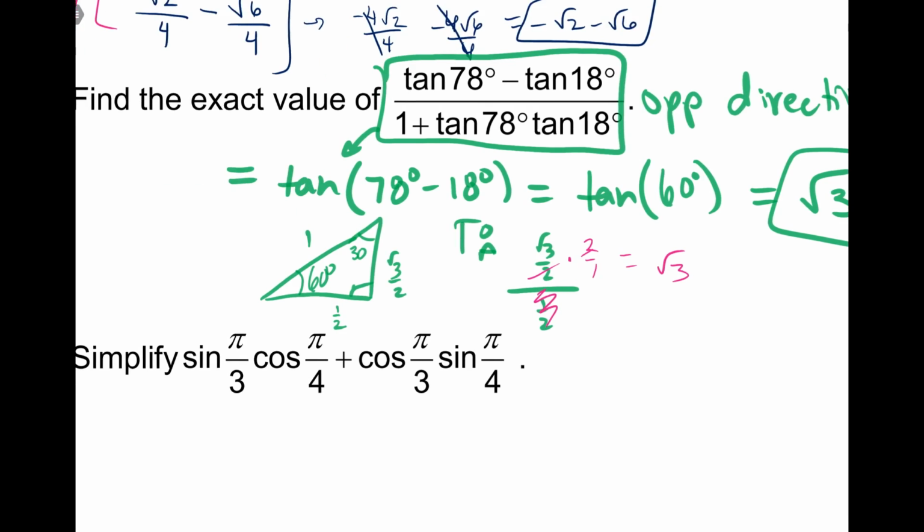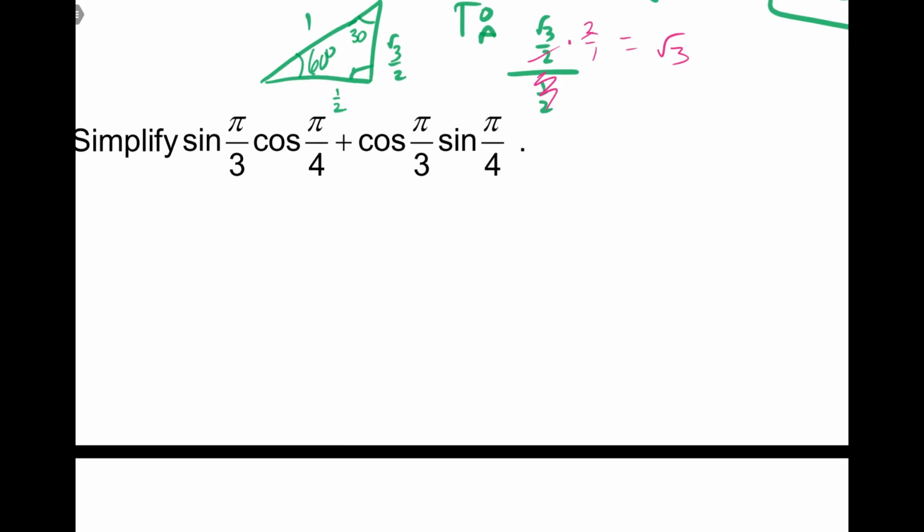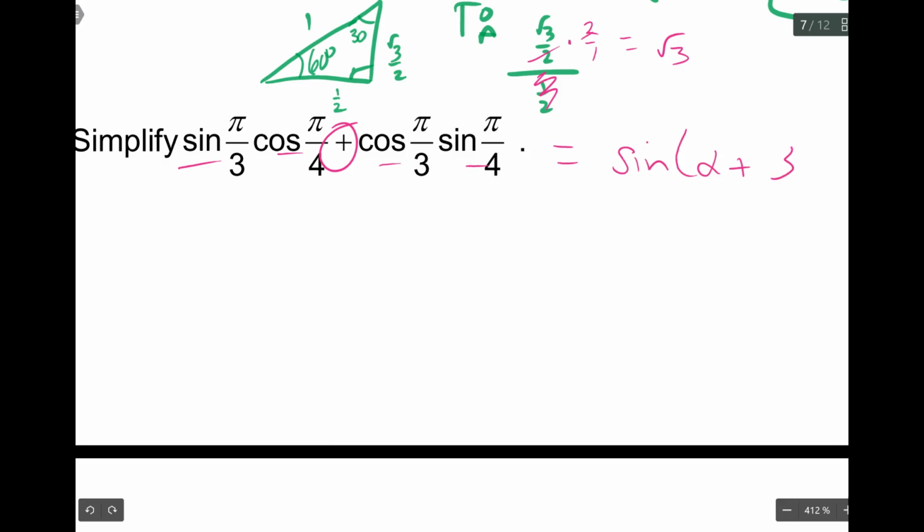So now we want to simplify sine pi over 3 times cosine pi over 4 plus cosine pi over 3 times sine of pi over 4. Oh my gosh, check it out. We have this plus, sine cosine. So this is going to be sine of alpha plus beta, because notice the plus in the middle.